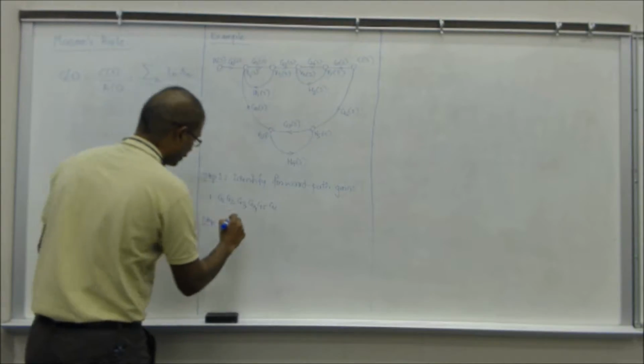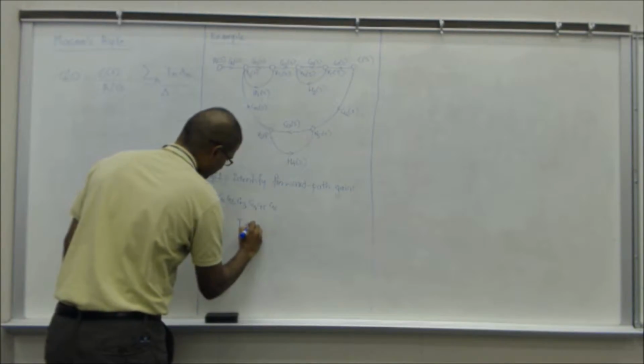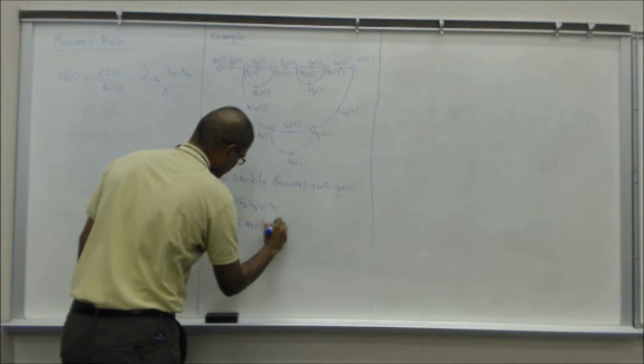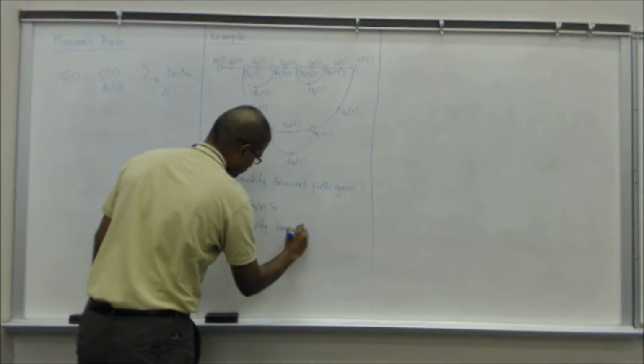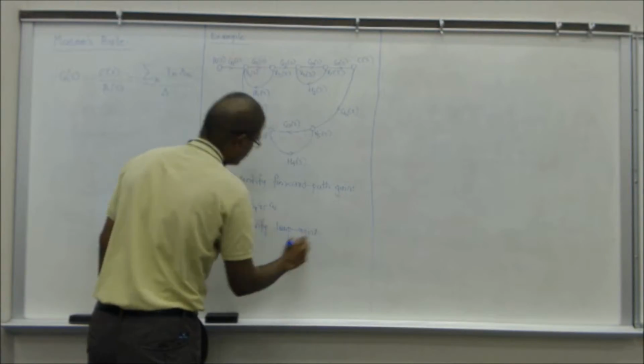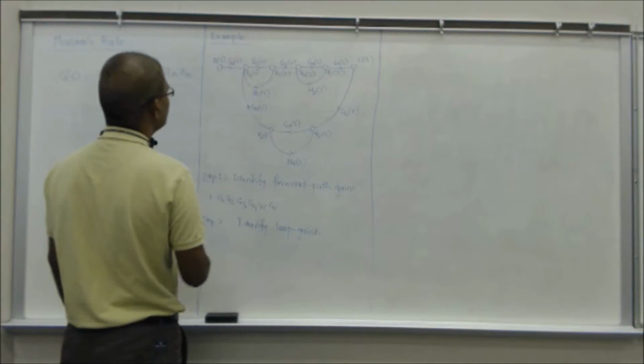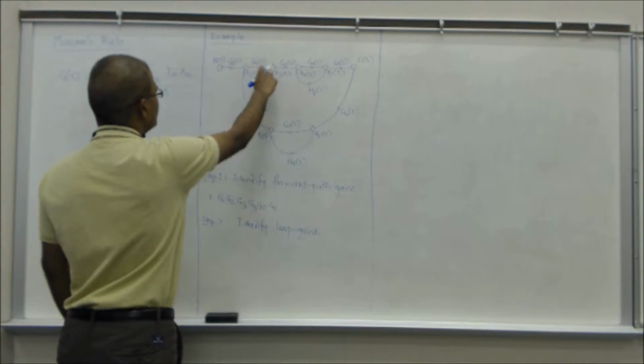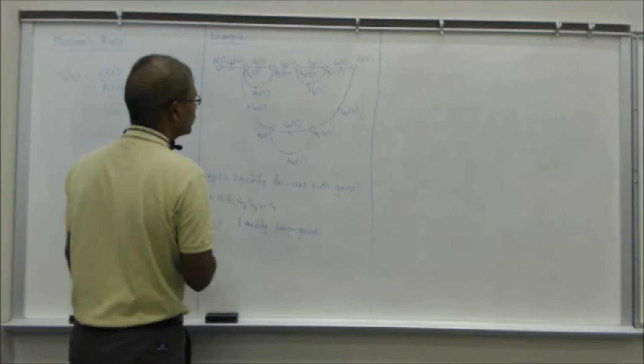Okay. So the second step is to identify loop gains. If you look at loop gains, the first is this, G2, H1, right?